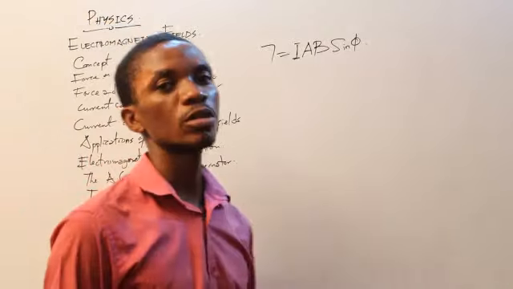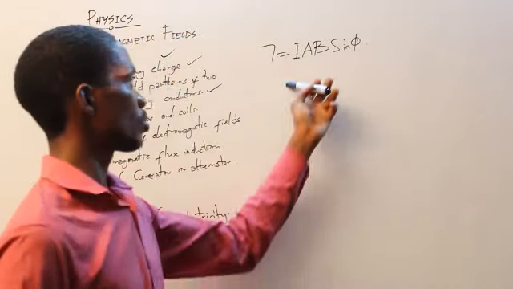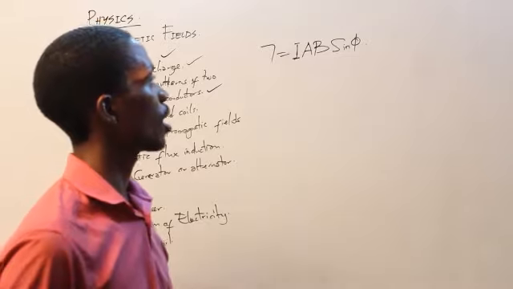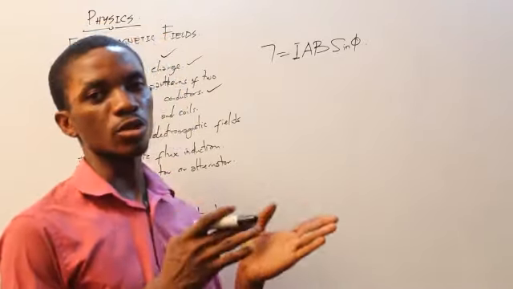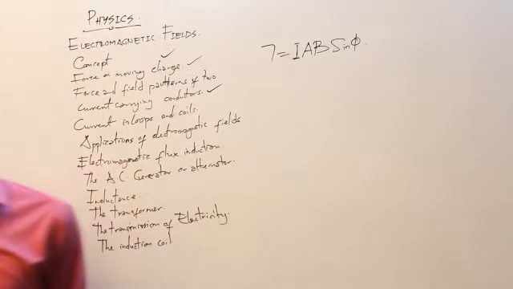There should be an angle between them. So that's what our phi is, the angle between the current and the magnetic field.